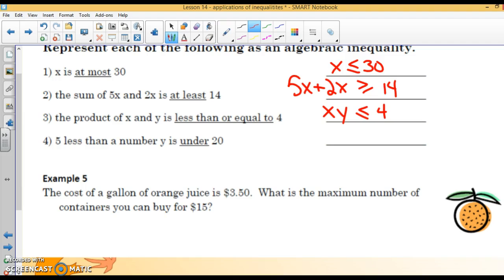Now this one's tricky. 5 less than a number y. So if I have $5 less, I'm subtracting 5. It's not saying 5 is less than. It's just saying 5 less than. So y minus 5 is under 20. So less than 20. Not less than or equal to.